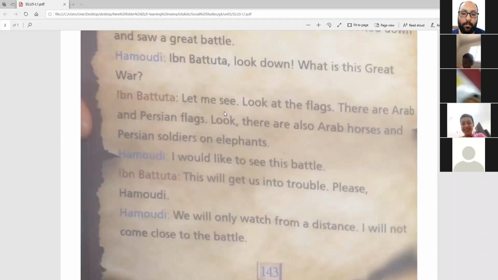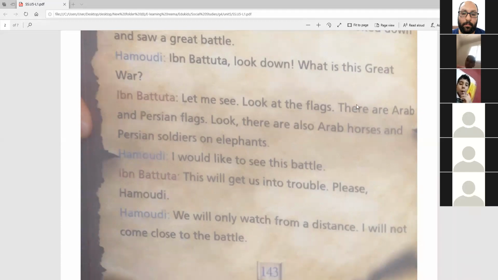Ibn Battuta said, you see, look, there are Arab and Persian flags. There are also Arab horses and Persian soldiers on the elephants.